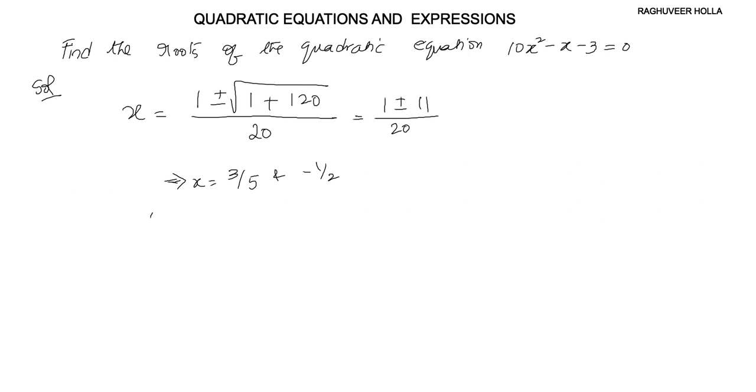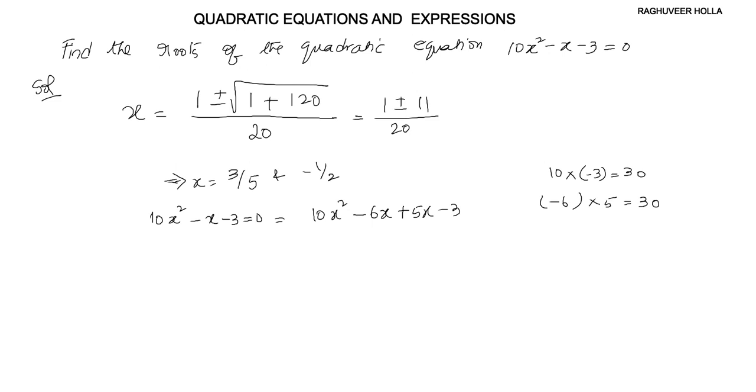That is, 10x squared minus x minus 3 is equal to 0, which is equal to 10x squared minus 6x plus 5x minus 3, since 10 multiplied by minus 3 is minus 30, and also minus 6 multiplied with 5 results in minus 30.